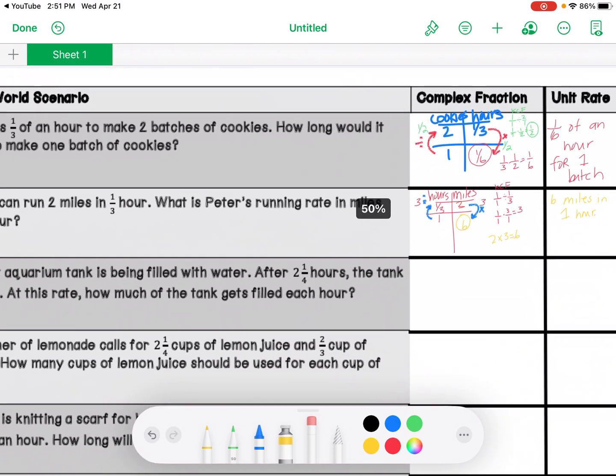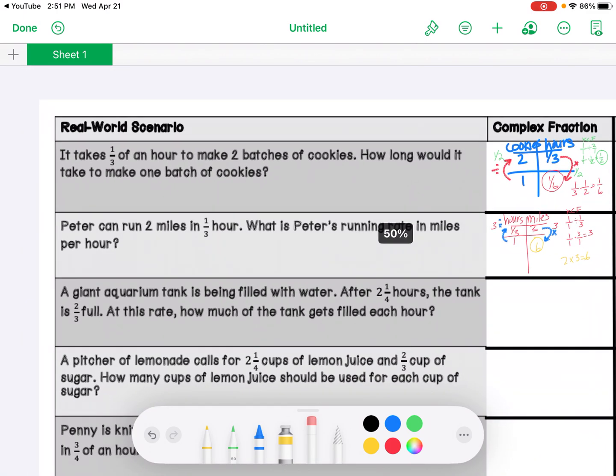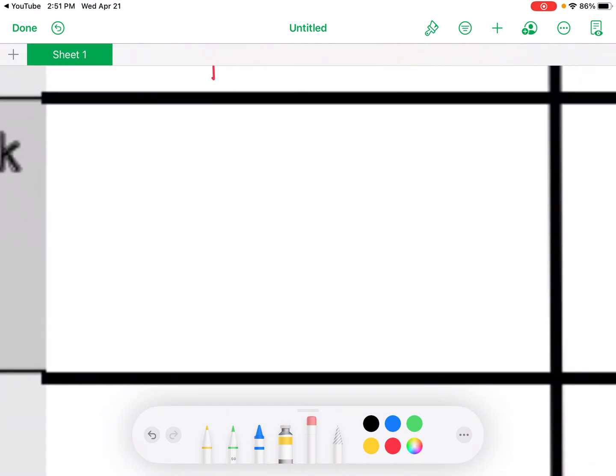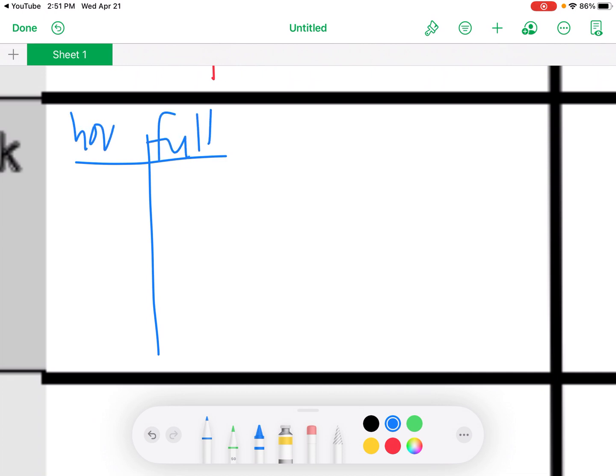All right, the next one says, a giant aquarium tank is being filled with water. After 2 1/4 hours, the tank is 2/3 of the way full. At this rate, how much of the tank will get full each hour? So I have my full and I have my hours.